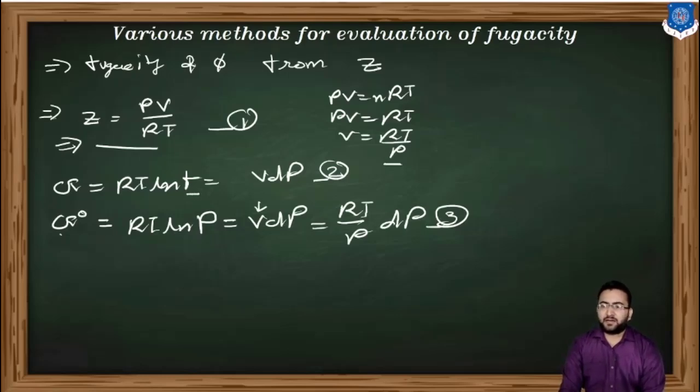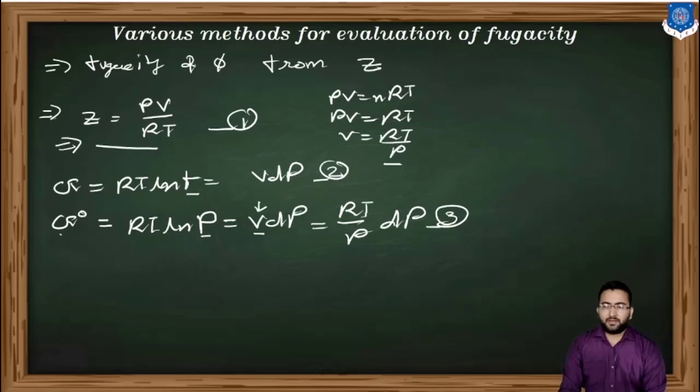In the ideal gas, fugacity is replaced by the pressure, and we can use this VdP. This V is the ideal volume, so we can replace this ideal volume by RT upon P. So it becomes our equation number 3.